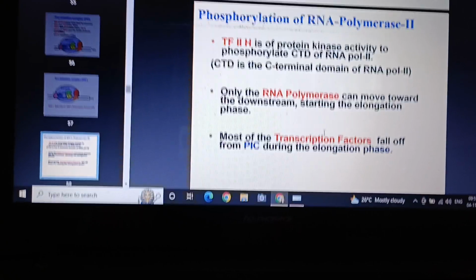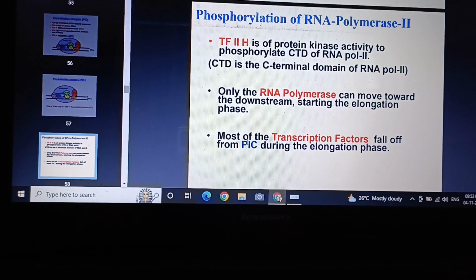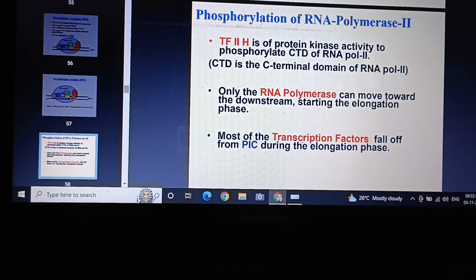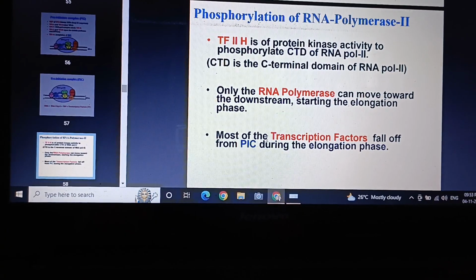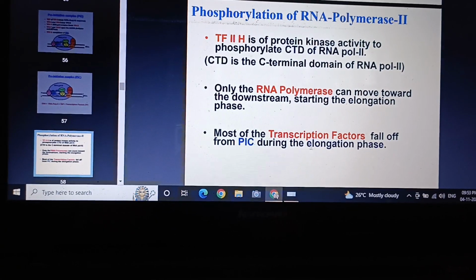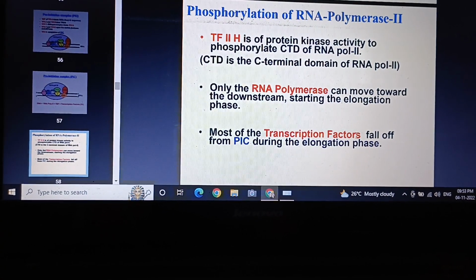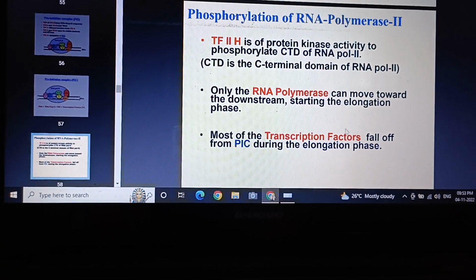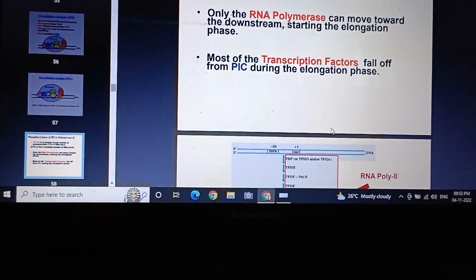The same kind of thing: the pre-initiation complex carries the 6 subunits of transcription factors. So when the elongation process starts, all 6 subunits of transcription factors will automatically fall off and the elongation process will start.